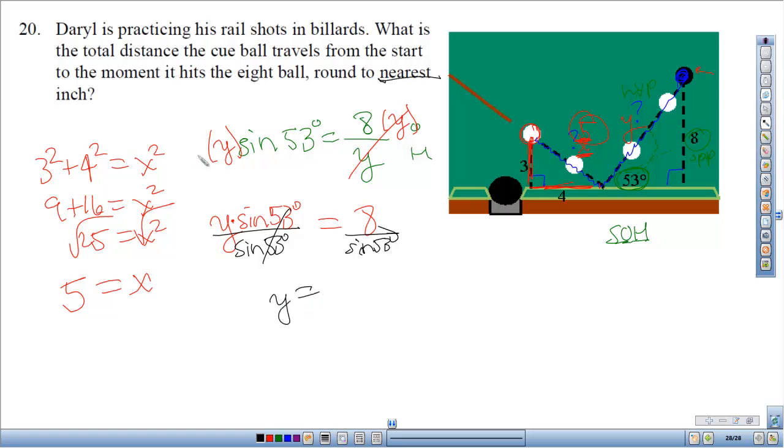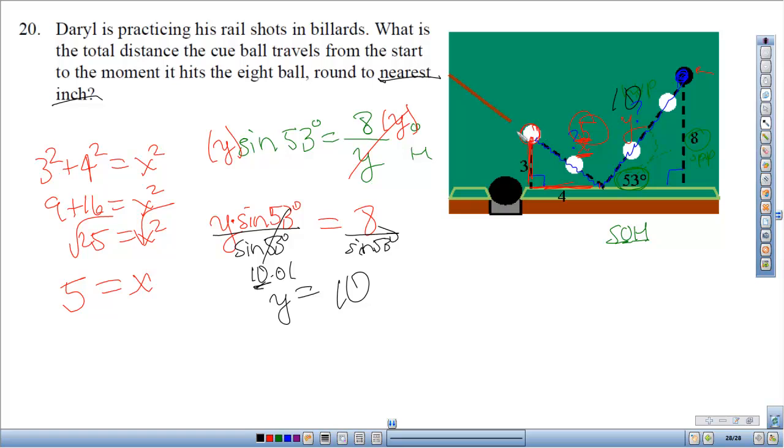They want it to the nearest whole inch, so I'm going to round this off to the nearest whole inch. 8 divided by the sine of a 53-degree angle equals 10.01, and if I round it off to the nearest whole inch, the 0 would just leave it, so I would get 10 inches right here.